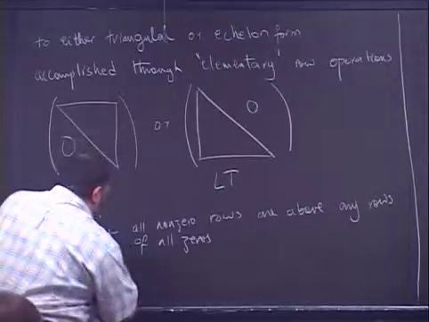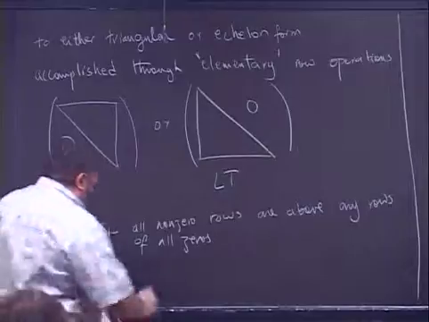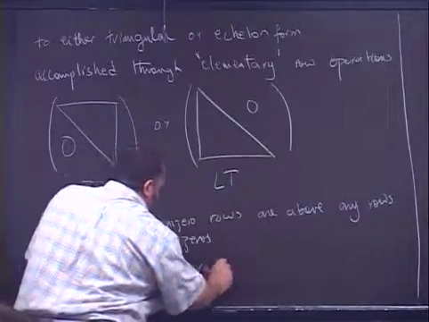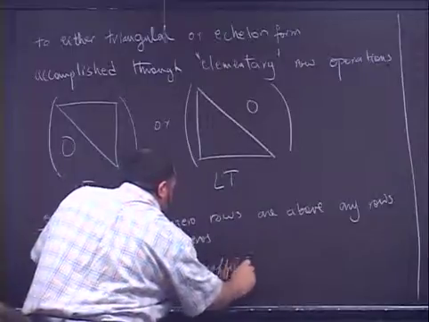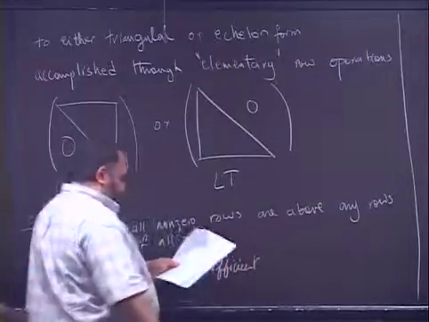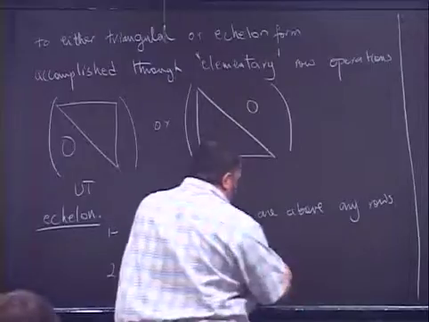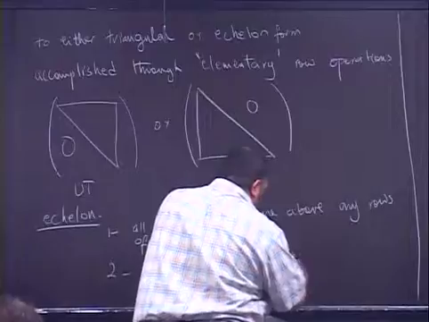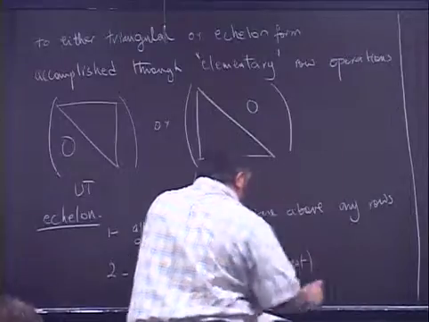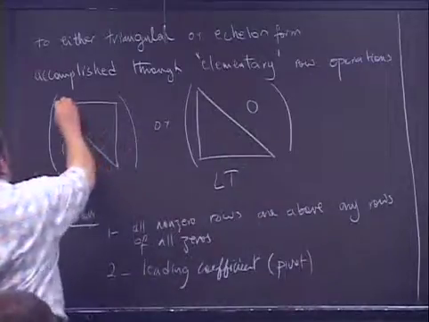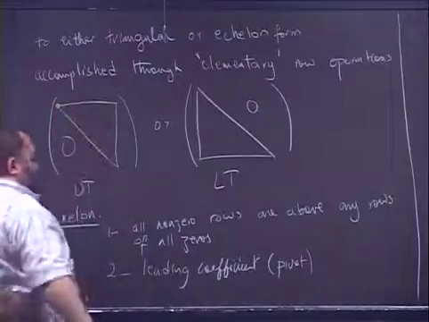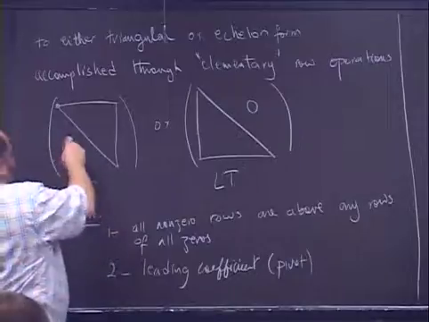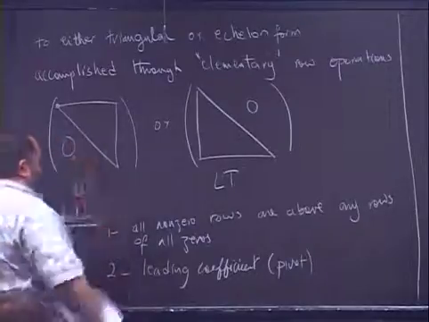The second one, the leading coefficient for the row, and this is usually the first non-zero number in the row, we call it the pivot number. So let's say this is the leading coefficient in the first row, for example, and the leading coefficient in the second row. Maybe the row has zeros, so the leading coefficient will be here.